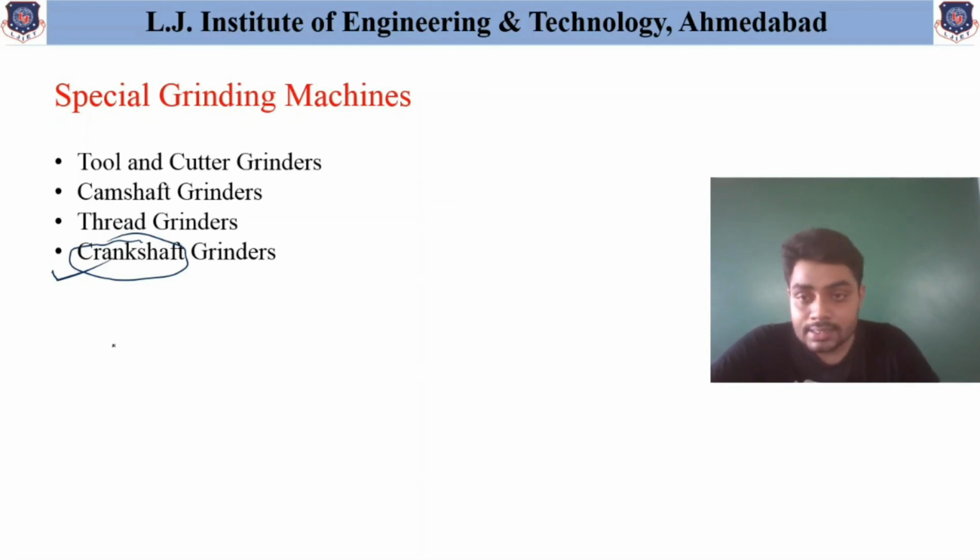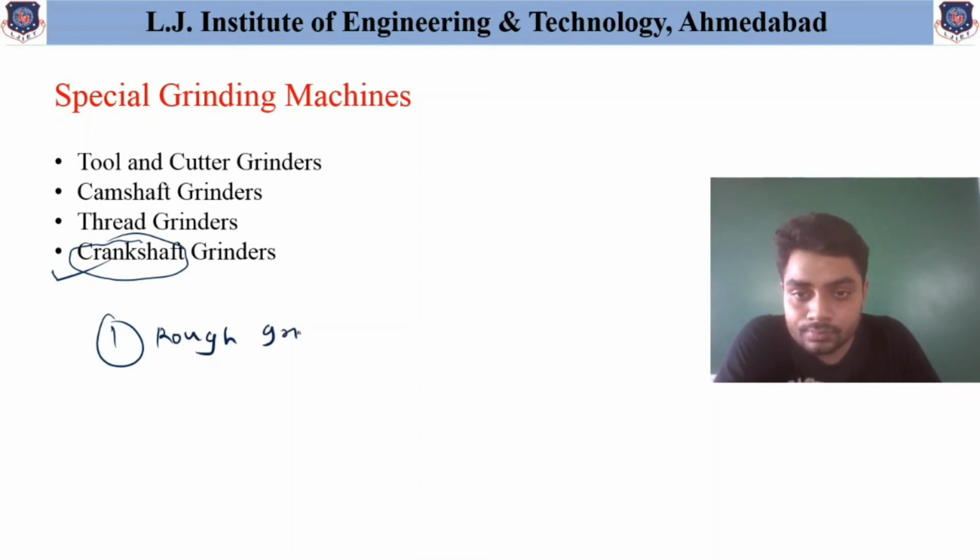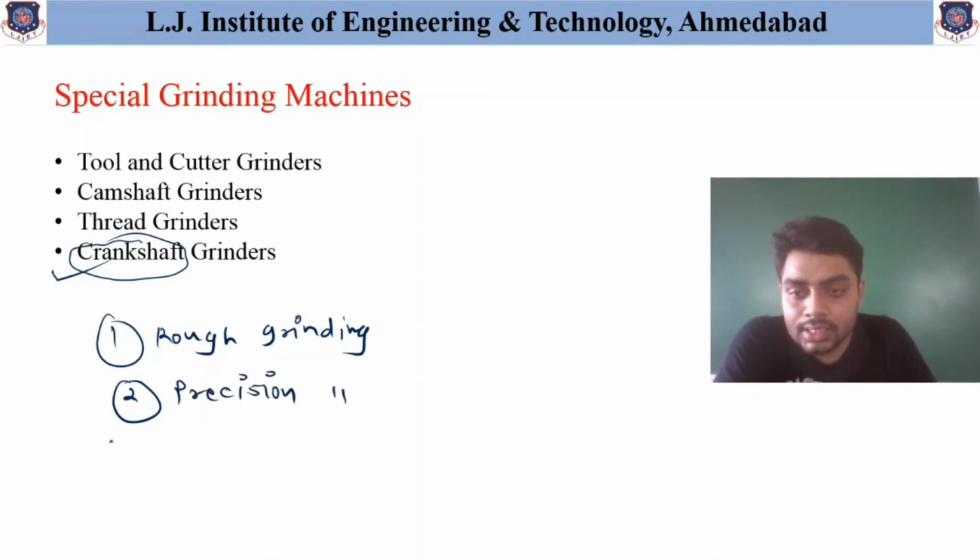If we summarize the basic main types of grinding machine, the first one is the rough grinding machine. The second one is the precision grinding machine. The third one is the surface grinding machine.